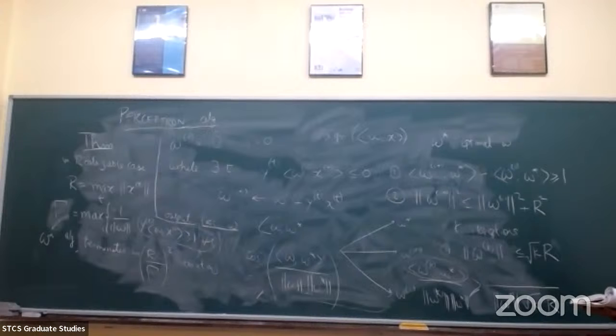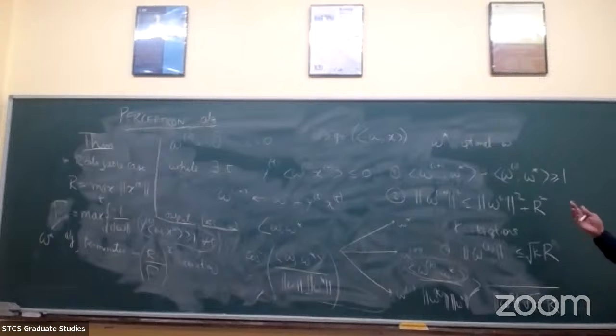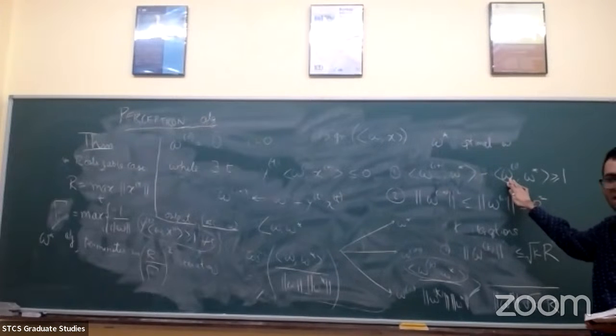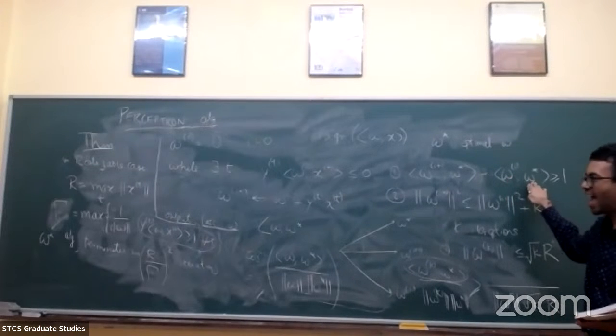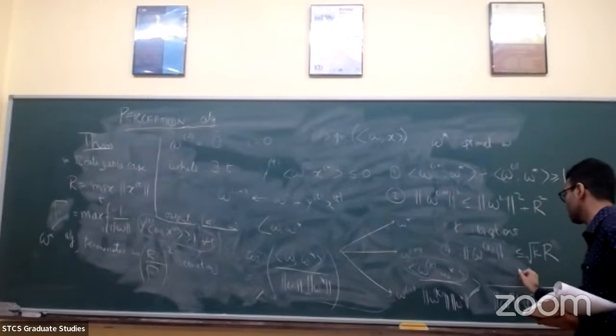So after K iterations, what can I say about this inner product? Initially it was 0, because W0 was 0. Every time it goes up by 1, so this is at least K.